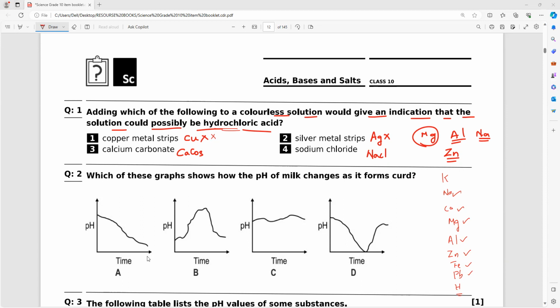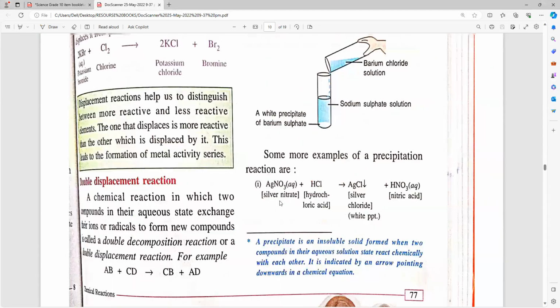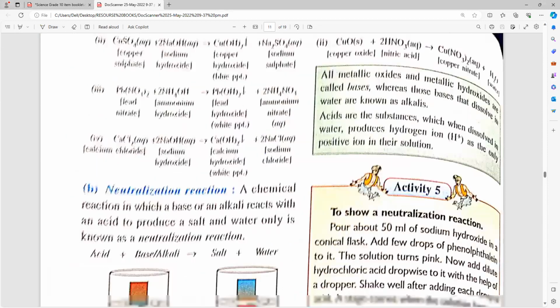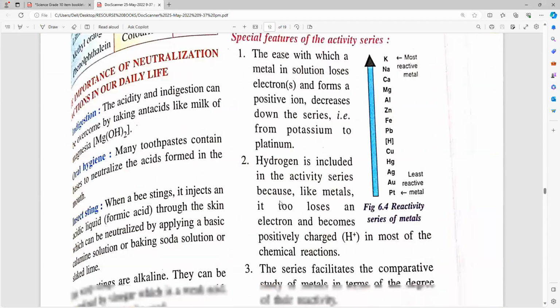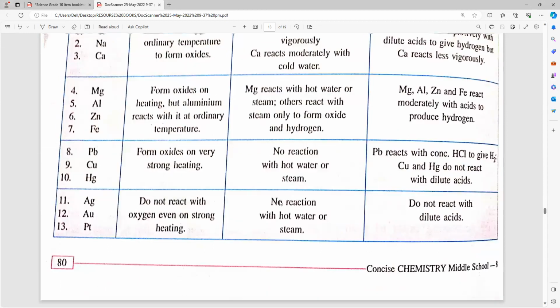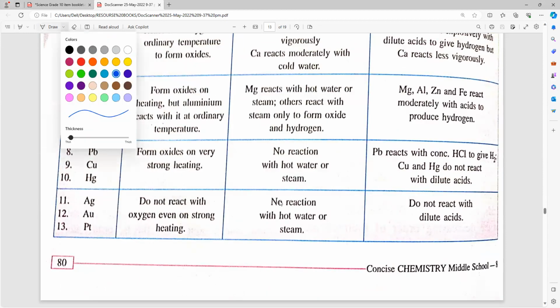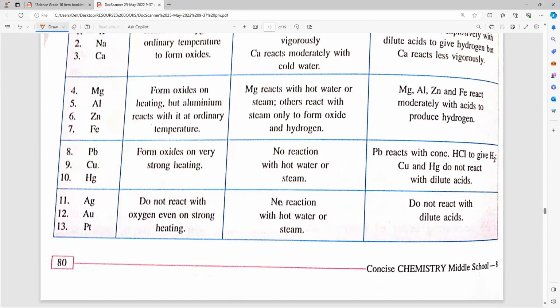I told you, definitely there will be a question from this tabular column. If you have seen here, check it everybody. What is mentioned here? Copper and silver do not react with dilute acids. Clear everybody? Understand?